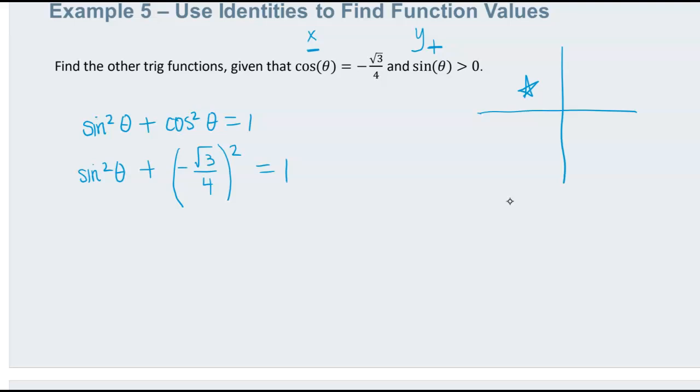All right. When you square a fraction, you're going to square both of the components. So if I take the square root of 3 and square it, I end up with 3. And if I square 4, I'll get 16. And that negative sign, negative times negative is positive, so that'll go away. Then I'll subtract the 3 over 16 from both sides.